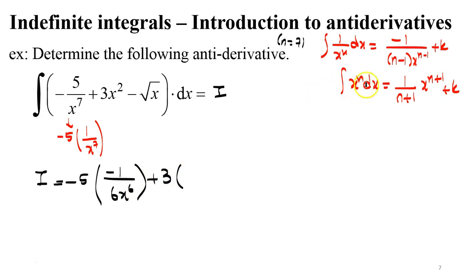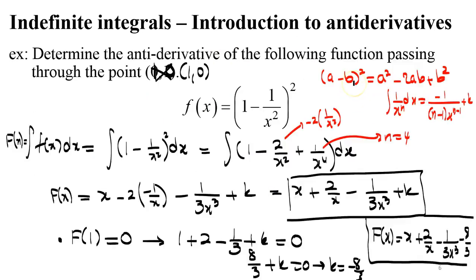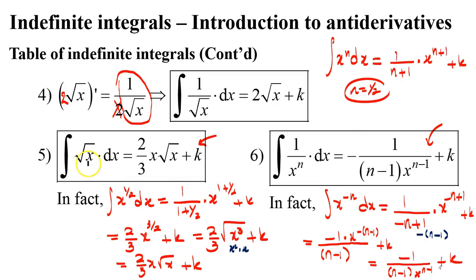3 times. Now this rule for n equals 2 here, because I have an x squared, that would give me 1/3 x cubed minus square root of x. Now square root of x, you could apply this rule for n equals a half, or we have already found it in our table of integrals.